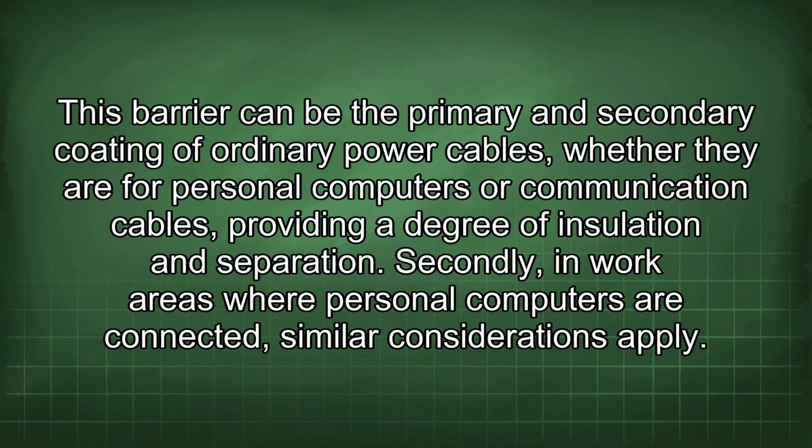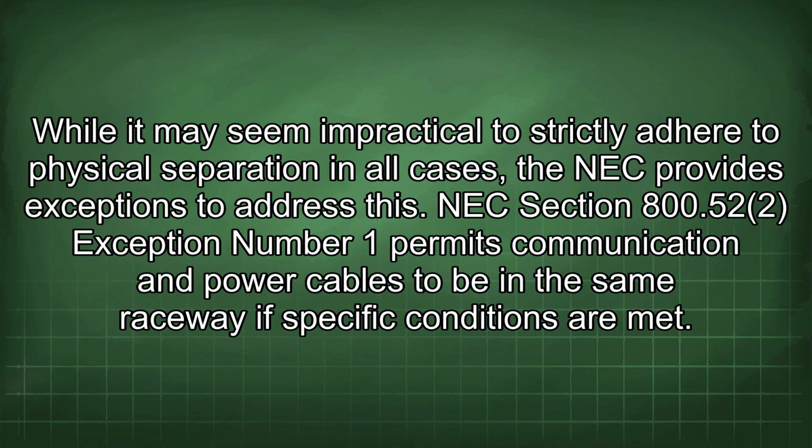Secondly, in work areas where personal computers are connected, similar considerations apply. While it may seem impractical to strictly adhere to physical separation in all cases, the NEC provides exceptions to address this. NEC Section 800.52 exception number 1 permits communication and power cables to be in the same raceway if specific conditions are met.